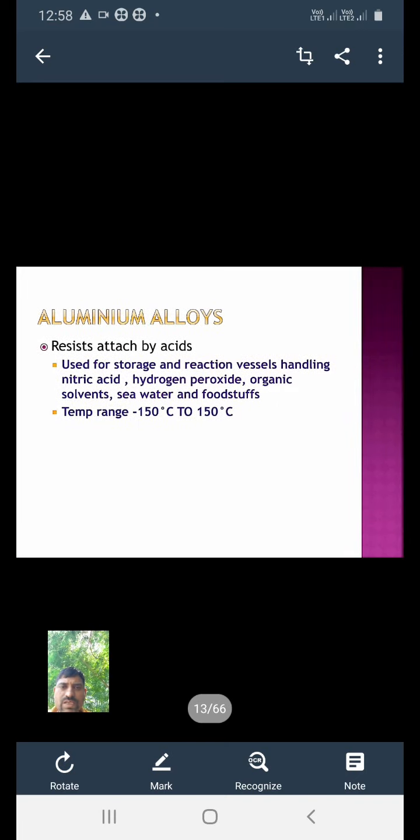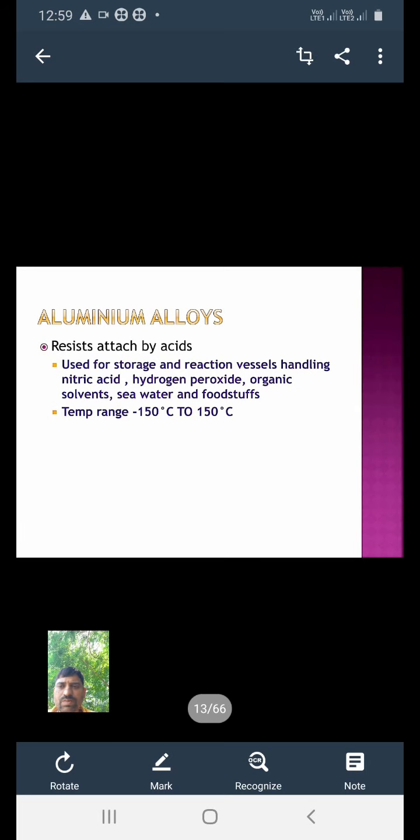Next, the fourth is aluminum alloy. The property of aluminum alloy is to resist attack by acid. Therefore, it is used for storage and reaction vessels handling nitric acid, hydrogen peroxide, organic solvents, seawater and foodstuffs.